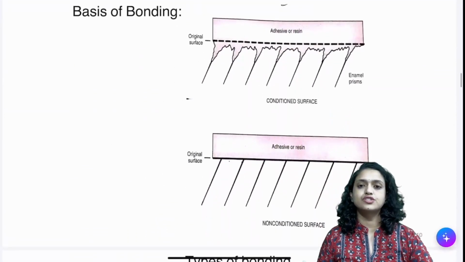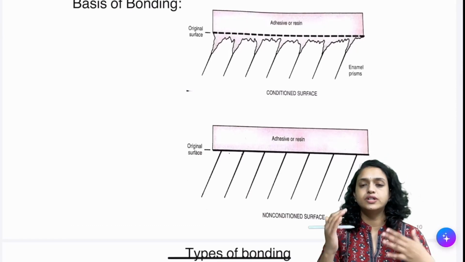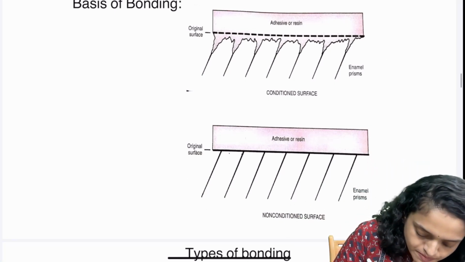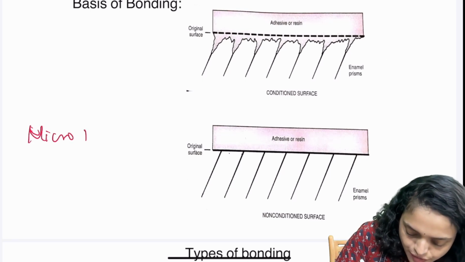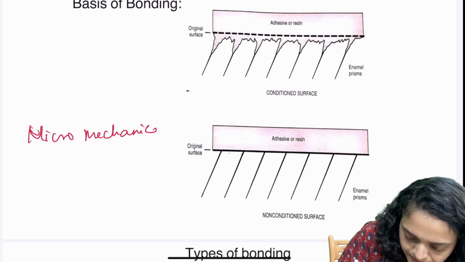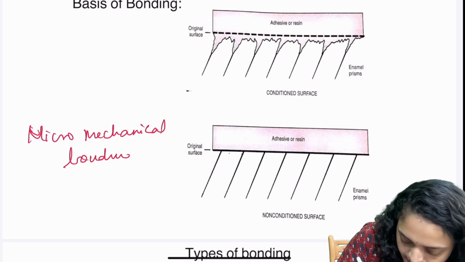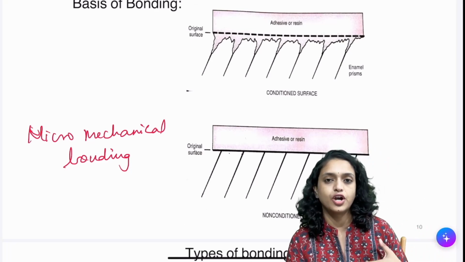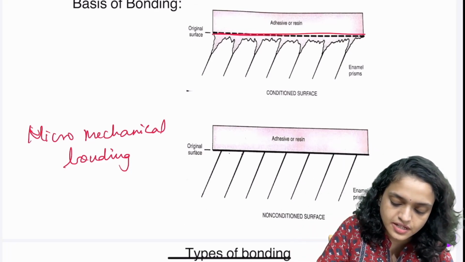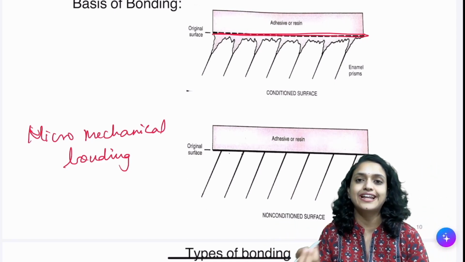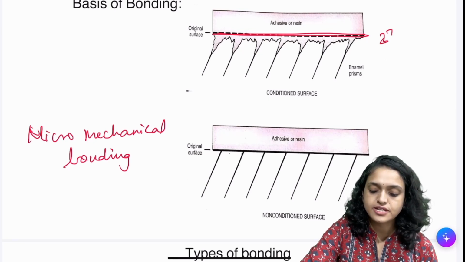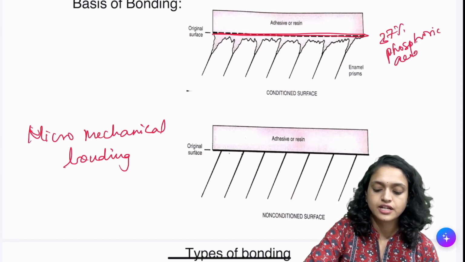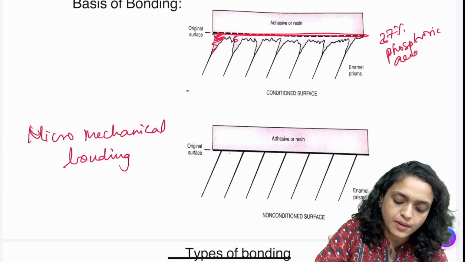So what is the basis of bonding? How does an orthodontic bracket bond to a tooth structure? It bonds by means of something called micromechanical bonding. It is not chemical bonding like your cements. So what happens? This is your tooth surface. Now you are going to add an acid, which is 37% phosphoric acid, and remove some amount of enamel from the surface.